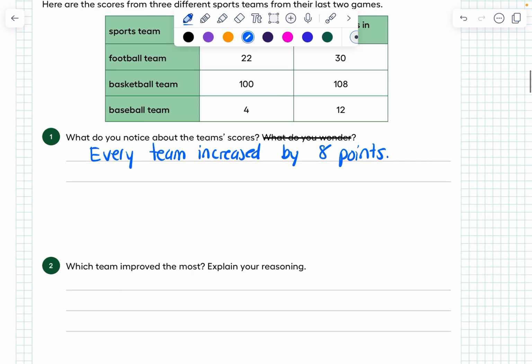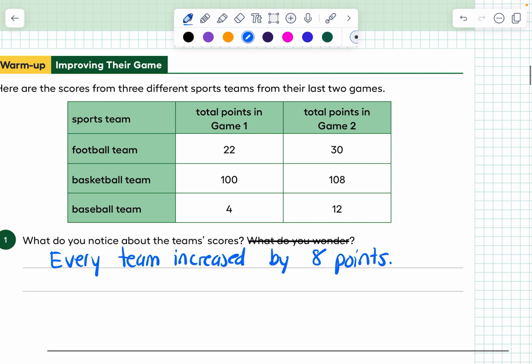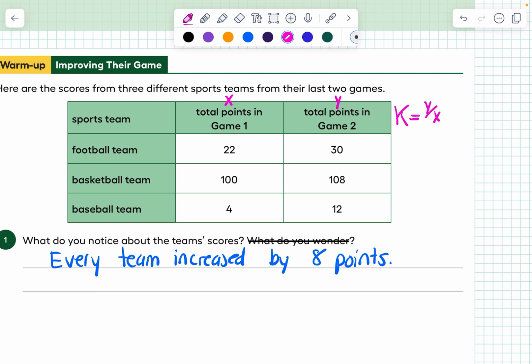Okay, and then number 2, it says, which team improved the most? Explain your reasoning. So because they increased by 8 points, did they all improve the same amount, or did one team do better than the other? The thing that I would do right here is I would find the K value, and K equals Y to X. Don't forget.